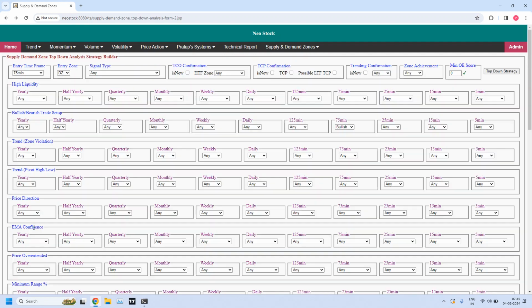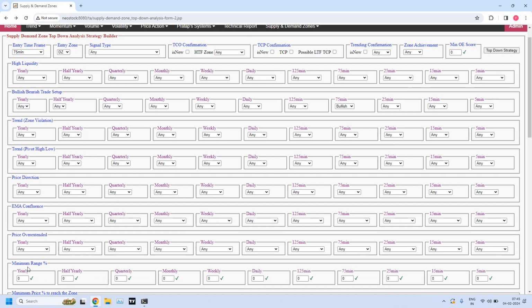So for that, what am I doing? The D2D range, this is the one. The minimum range percent. That is the D2D range. Which time frame? 75 minutes time frame. What should be the percent? 3%, a minimum. Maximum, if you want even more, stocks will be listed.